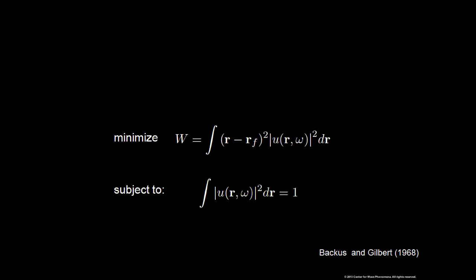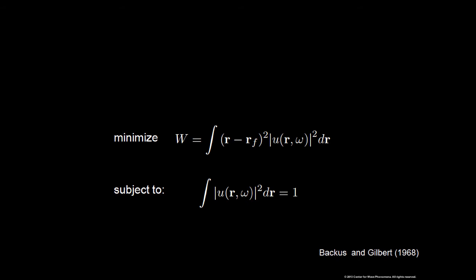One like this one, which is again a delta-ness criterion. However, here we minimize W in the first line, subject to the constraint on the second line. And the interesting thing about this objective function is the appearance of the factor R minus RF squared. This factor, in effect, penalizes energy at locations R which are distant from RF, the target.